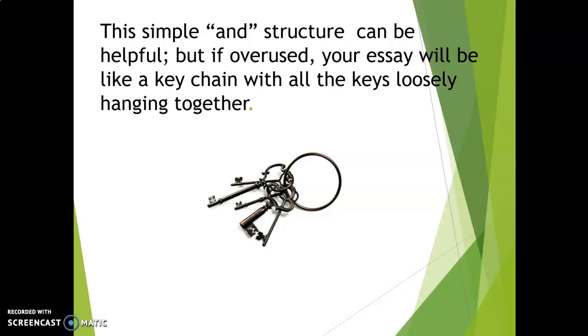But the keys are just hanging loosely, and it doesn't really matter which key you use first or which key you use second. In fact, you don't even know which one is first or second because they're all just hanging on the keychain. You don't have any idea how they relate except that they're all connected to your thesis. So I want to give you some strategies for a more dynamic structure for your essay.